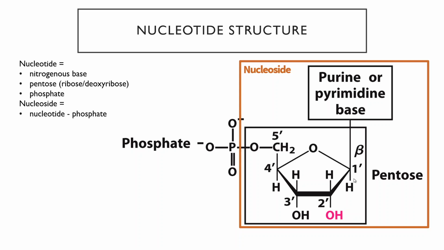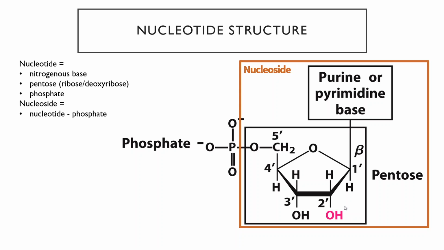Now there are at least two different versions of this ribose. If it's a standard ribose molecule, there's a hydroxyl group at each carbon, or a typical ribose has a hydroxyl group at each carbon. But in nucleic acids, there are basically two types of nucleic acids defined by whether or not there is an oxygen group or hydroxyl group at the 2' carbon of the ribose.